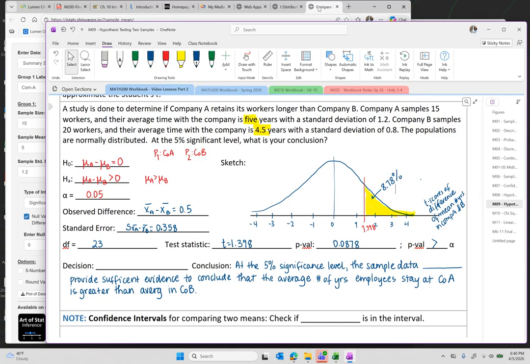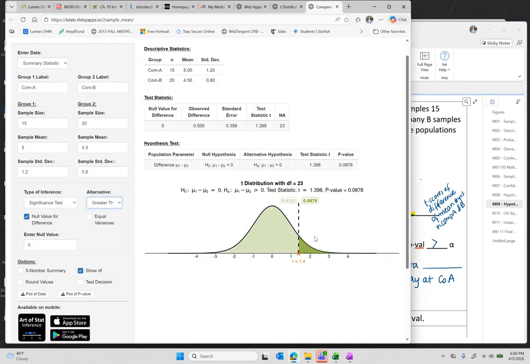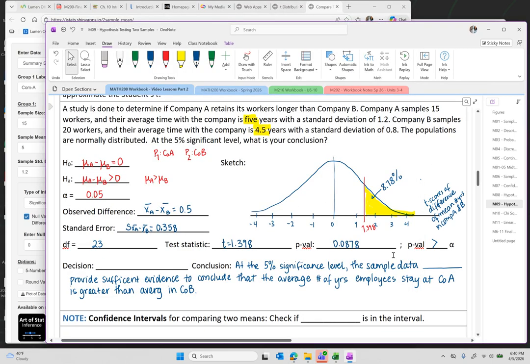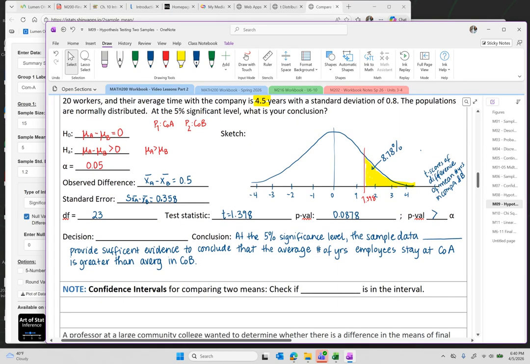You can see it also here in Art of Stat being depicted in decimal form, not in percent form. And when the probability of you having this difference is greater than the probability of making an error of 5%, then this is not considered an unusual outcome, and we fail to reject the null hypothesis.